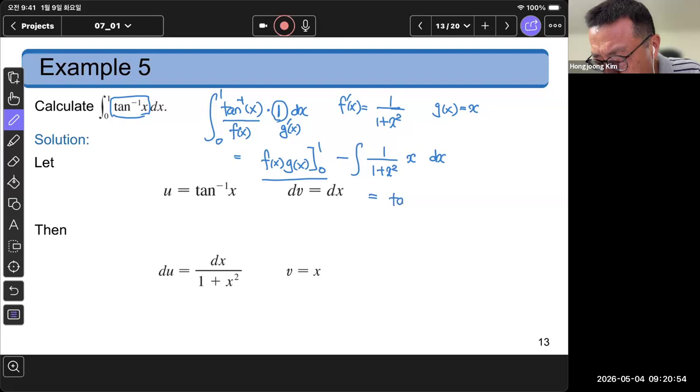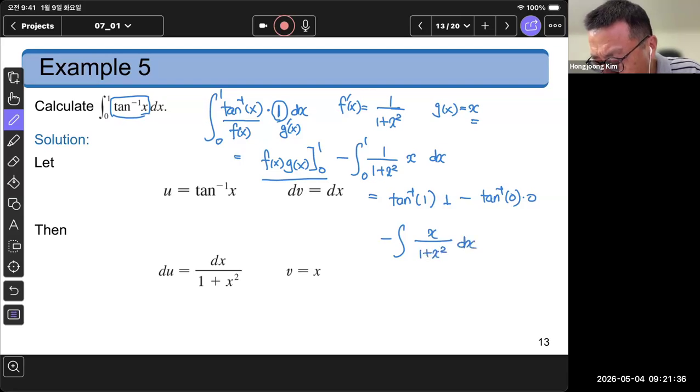Arctangent, times 1, and at 1 the g of x, which is the x function evaluated at 1, will be 1, minus f of 0, so arctangent of 0, times the g of x at 0, which is 0, minus the integral of x over 1 plus x squared dx from 0 to 1.